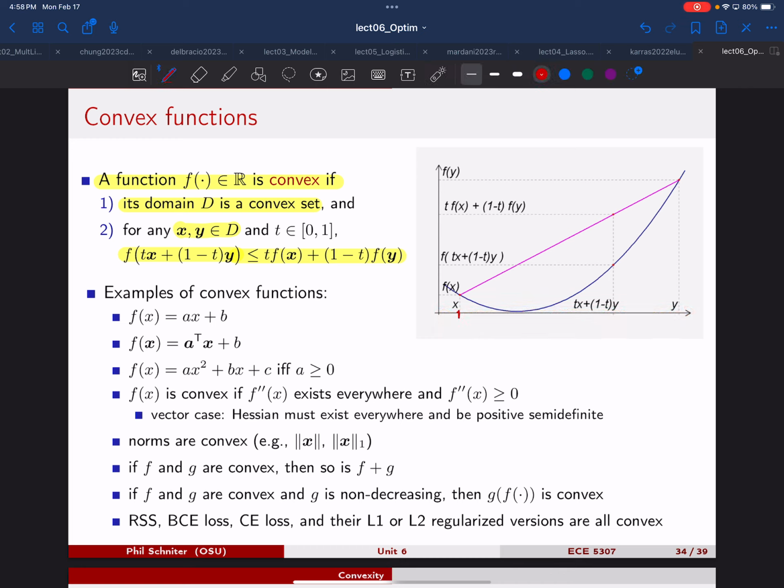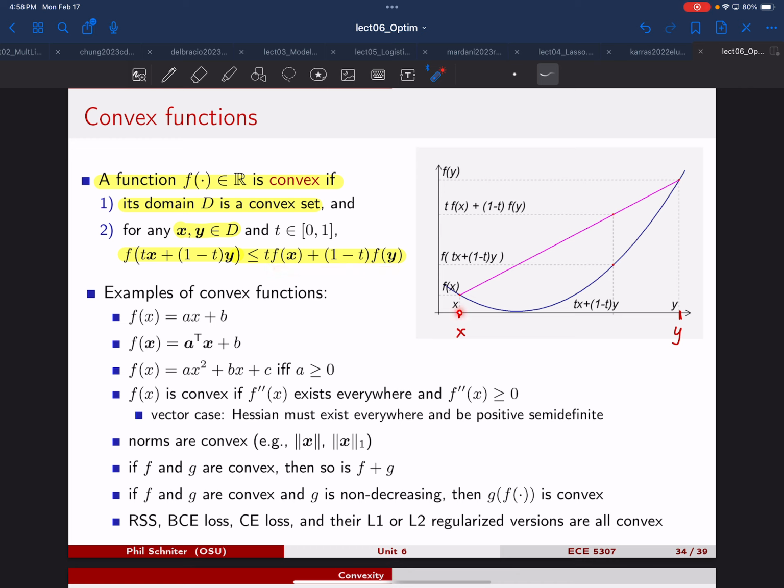This would be x here, this is y over here. If you look at the function of convex combinations of x and y, that would give you this curve. The points along the real axis in between are convex combinations of x and y. We evaluate that in the function, and we get, let's say, this point here. Or if this is my convex combination of x and y, I evaluate that with the function and I get this, and so on. So this is the left side. We need that to be less than or equal to convex combinations of the function evaluated at those original points.